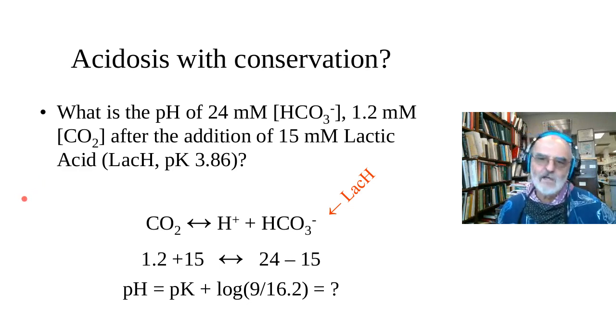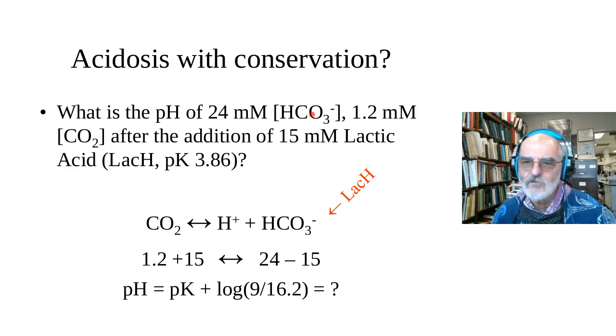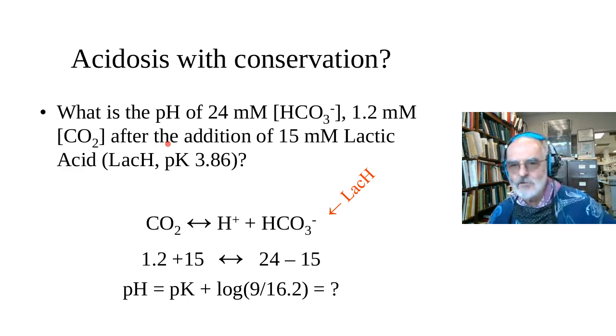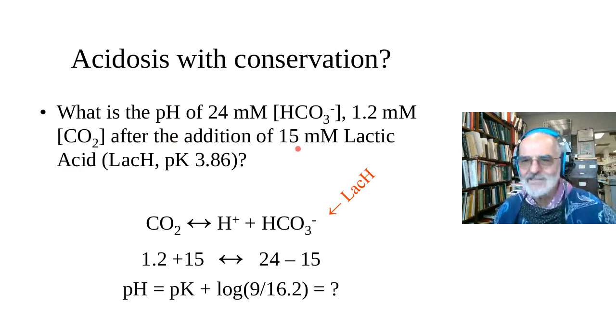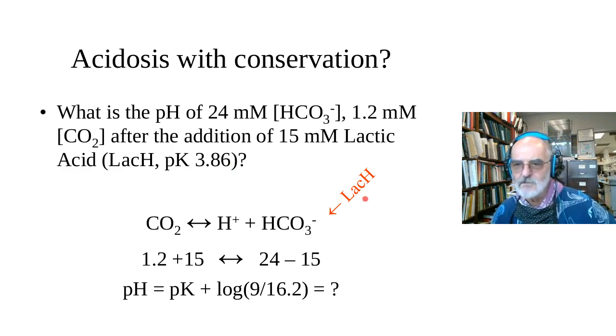Now, let's think about that in a slightly different problem. Imagine we had a closed system. What is the pH? If you had 24 millimolar bicarb, 1.2 millimolar CO2, and now to that solution we're going to add something that causes acidosis. We're going to add 15 millimolar lactic acid. The lactic acid with a pK of 3.86 is going to dissociate and release a proton.